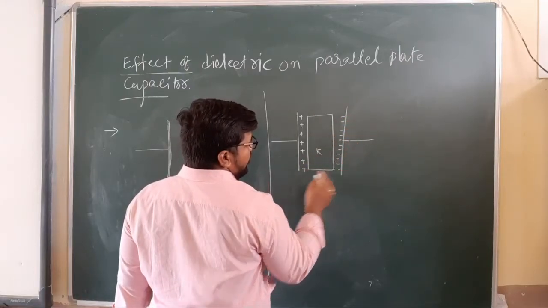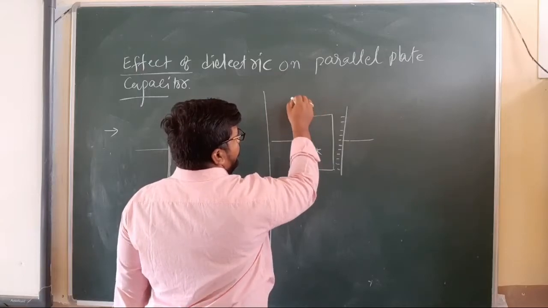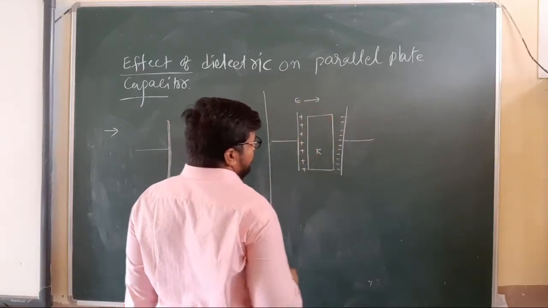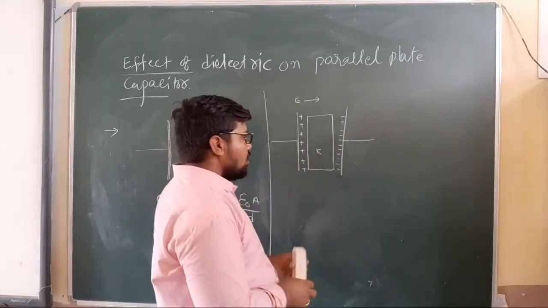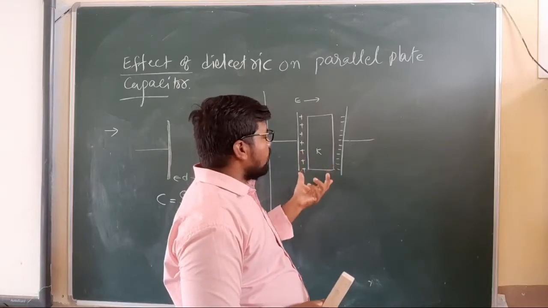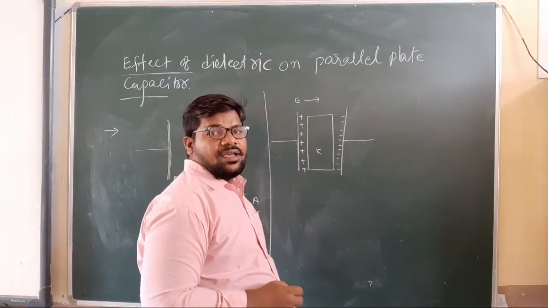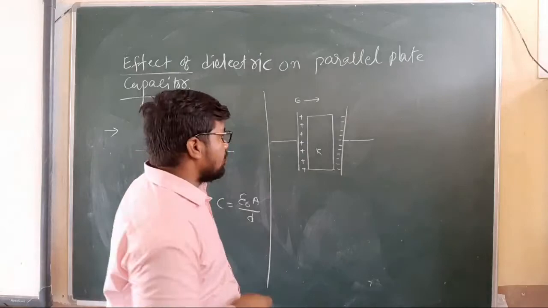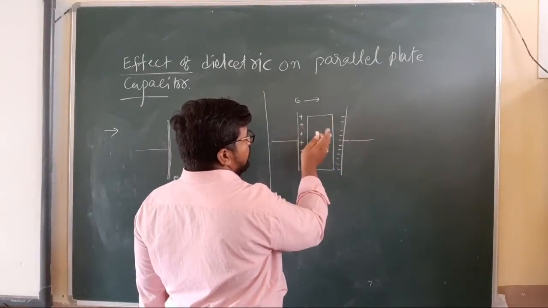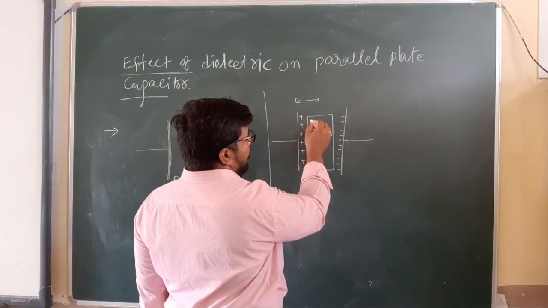Due to this, an electric field is applied in the direction of positive to negative. So whenever a dielectric is introduced between the two plates of the capacitor, a charge is induced in the dielectric, opposite to the positive and negative plates.